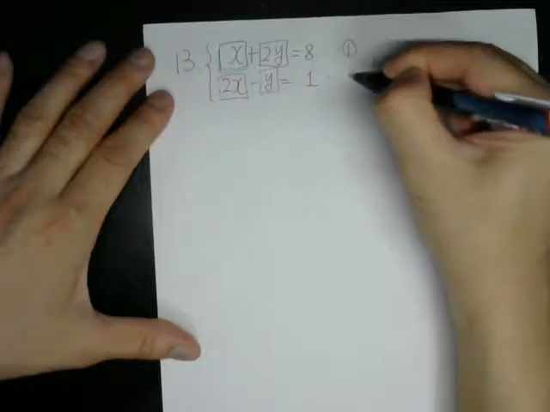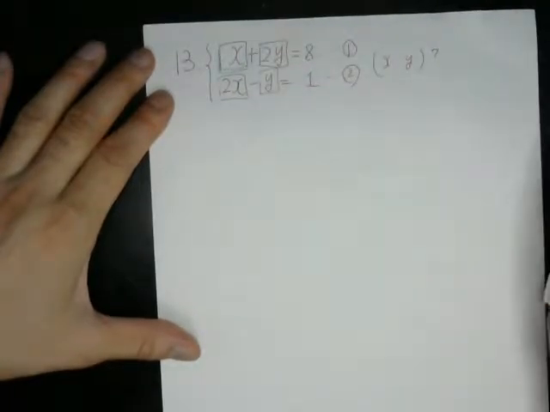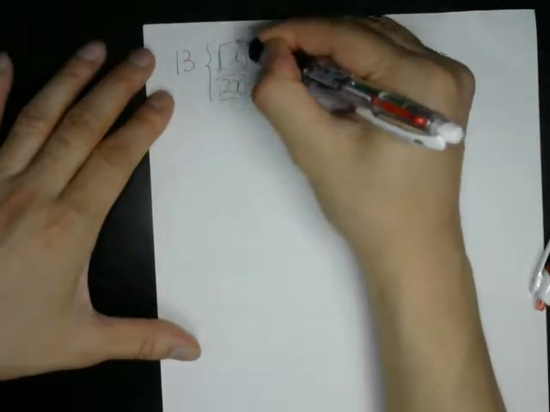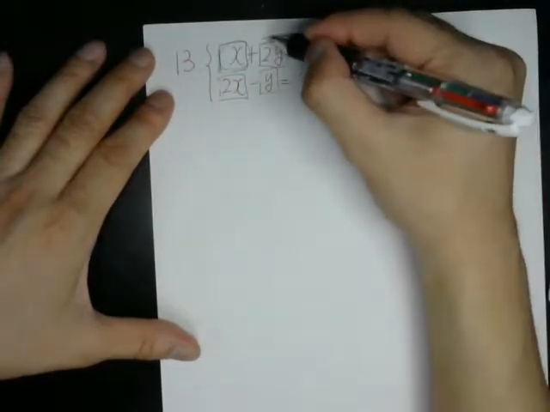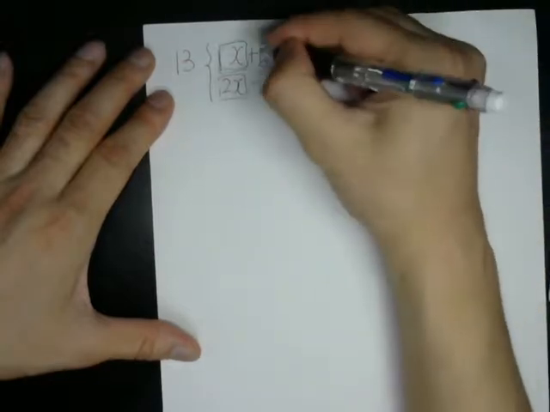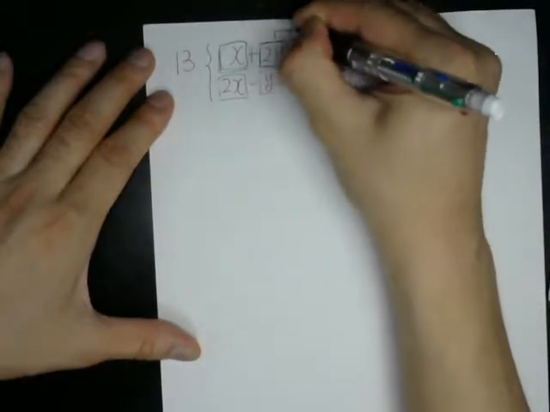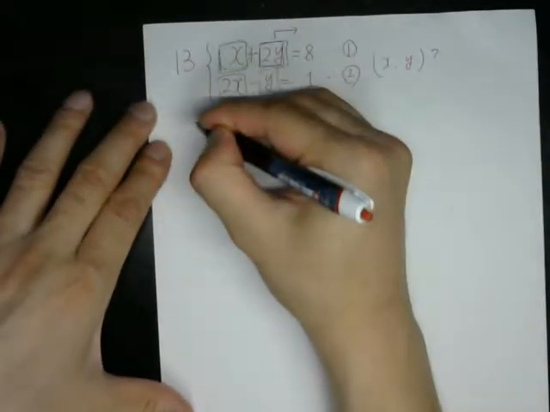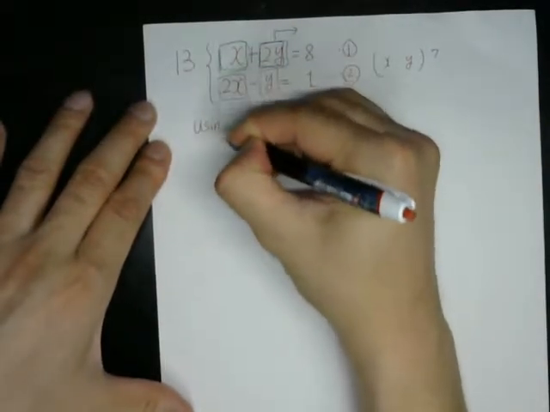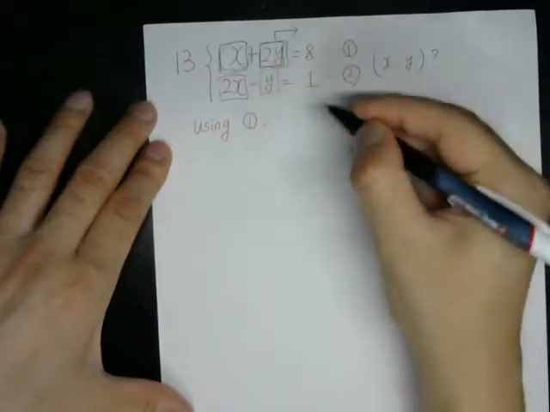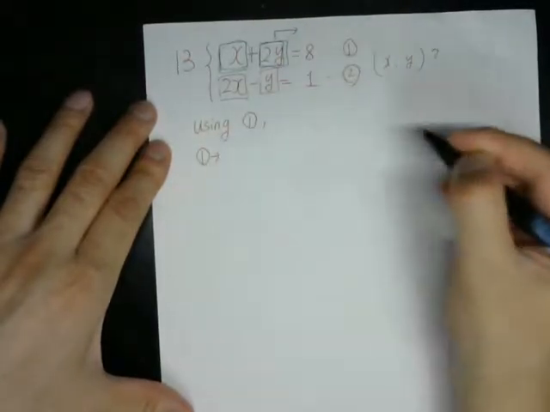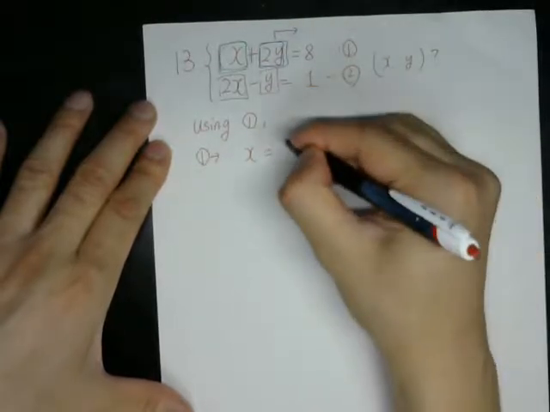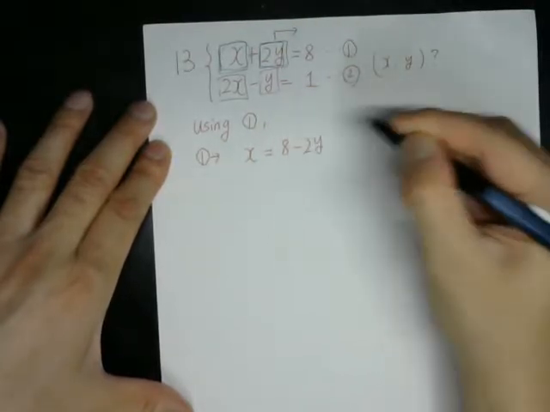first line in the green box. So let's isolate this x by moving the other piece in the blue to the right side. Okay, so equation 1 becomes x equals 8 minus 2y, right?